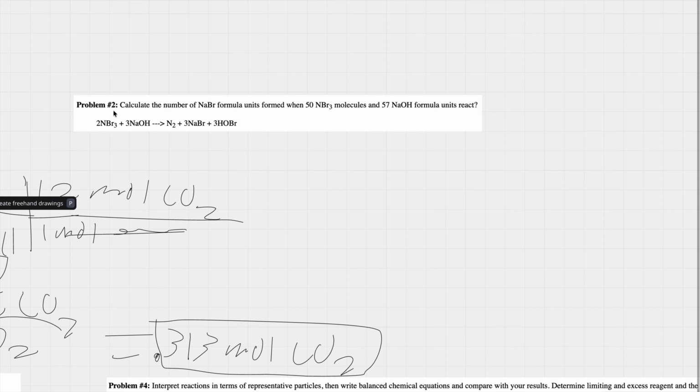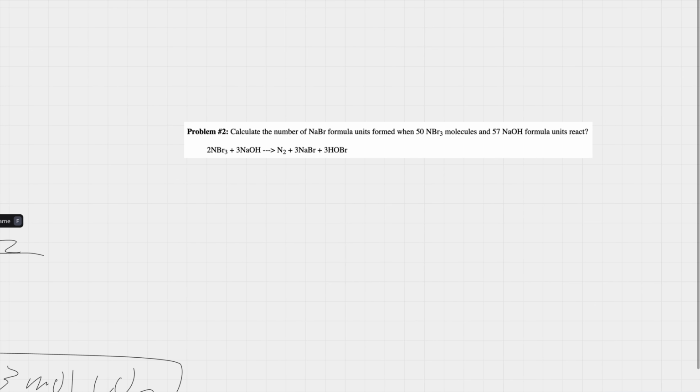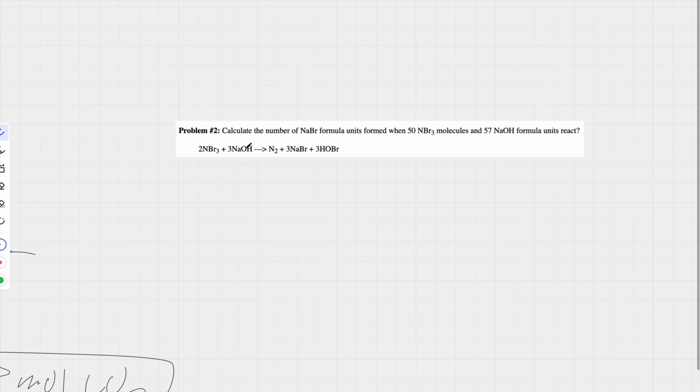Now, problem 2 is asking us, let me move this here so it could be easier. Problem 2 is asking us to calculate the number of sodium bromide formula units formed when 50 grams of NBr3 molecules and 57 NaOH formula units react.